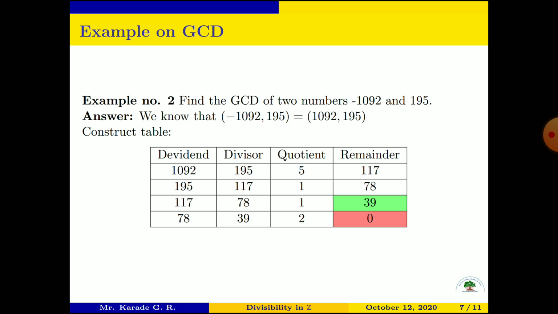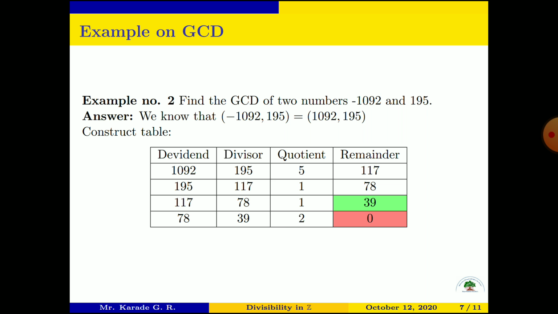Answer: we know that the GCD of minus 1092 and 195 is the same as the GCD of plus 1092 and 195. Therefore we find the GCD of plus 1092 with 195, and then our work will be over. Okay, construct the table.